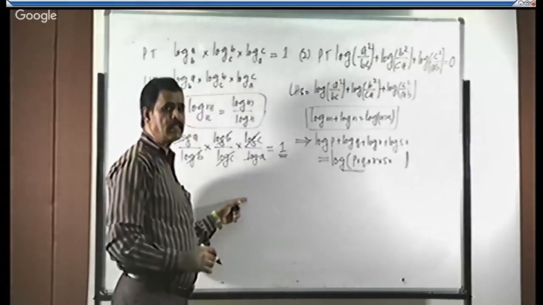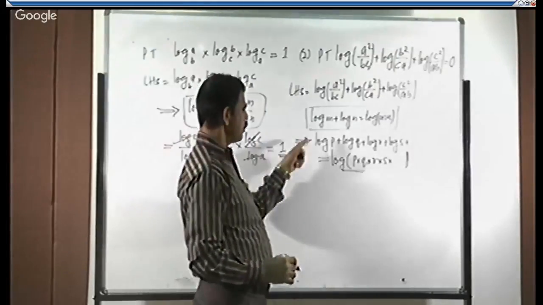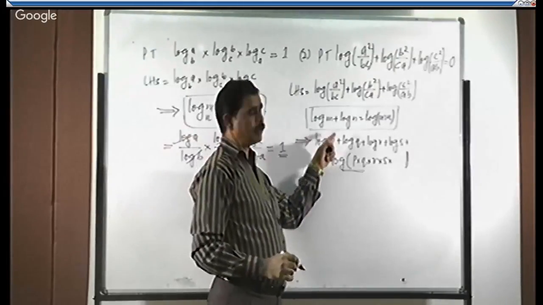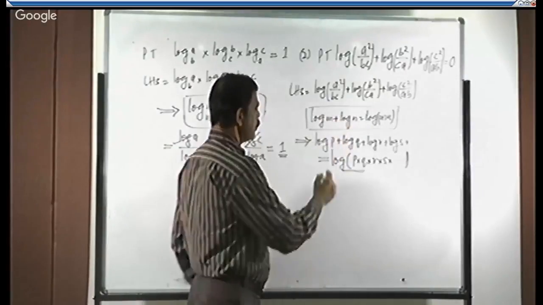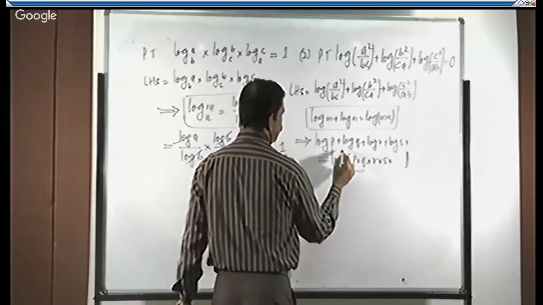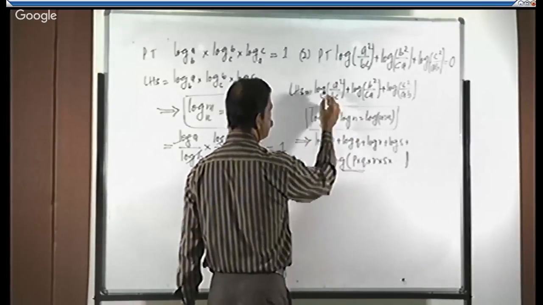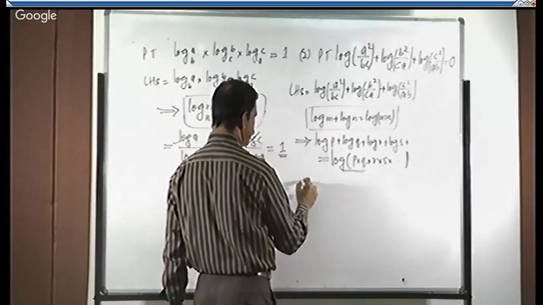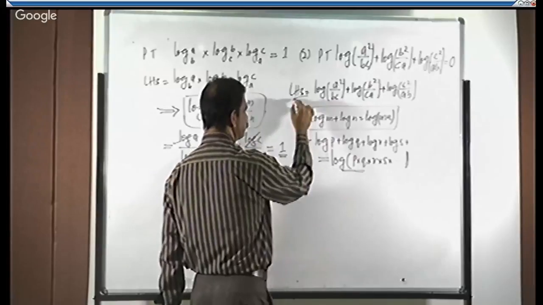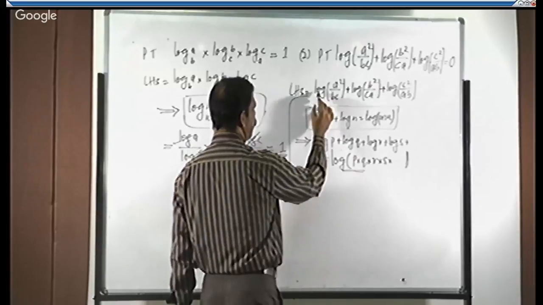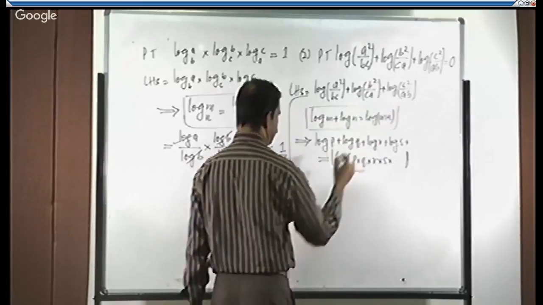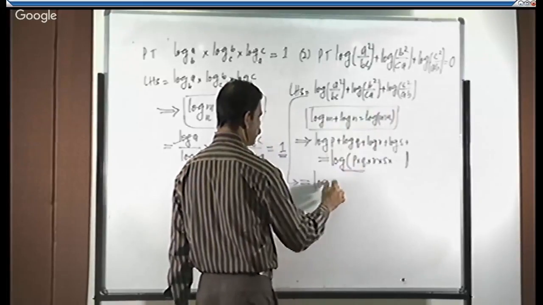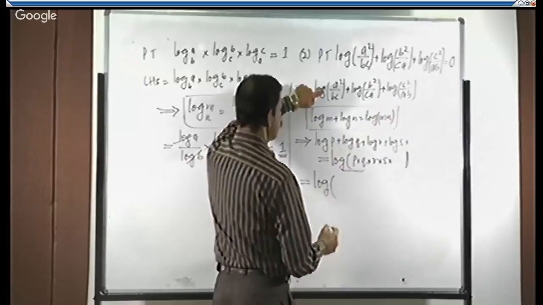Of the 5 laws, we can extend only this one, because of the positive sign. This extended law is used for the given problem. Therefore, the left hand side becomes log p plus log q plus log r, which is equal to log pqr. What is p?